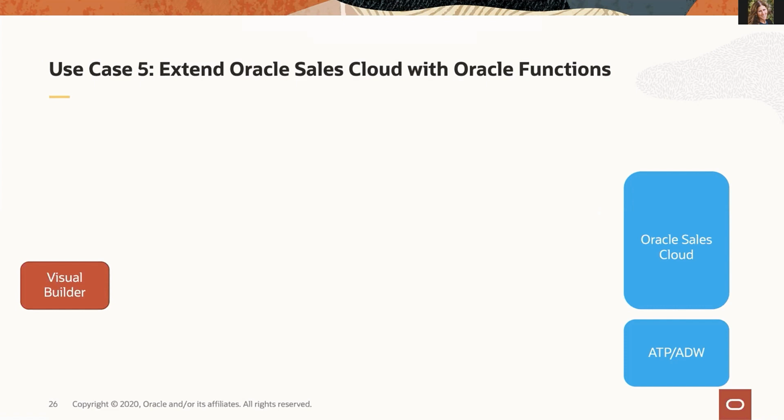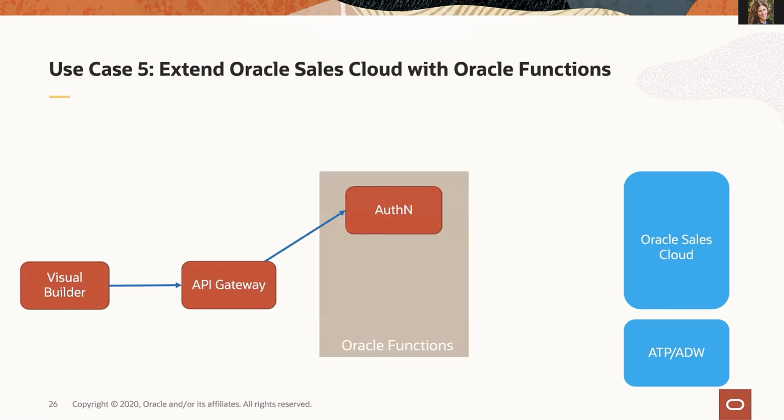And you have, for example, one of the SaaS applications, Oracle Sales Cloud, and a database, autonomous transaction processing or data warehouse, on the side. And Visual Builder will invoke APIs to implement the business logic. First, the authentication. So API gateway. Your code doesn't have to do it, but API gateway will check that the request is authenticated, and then you will have an Oracle function to implement the business logic of your own application, with the front end being done with the Visual Builder.